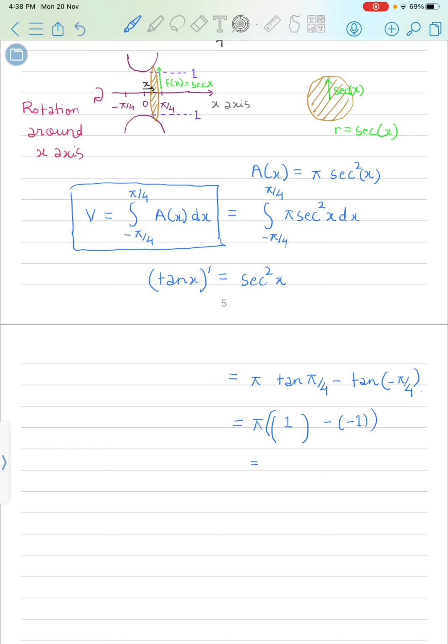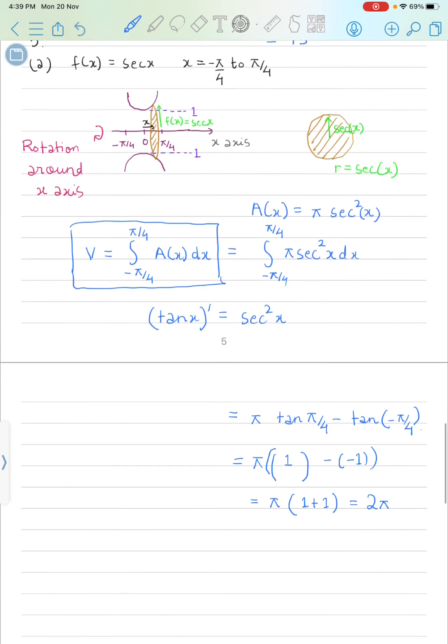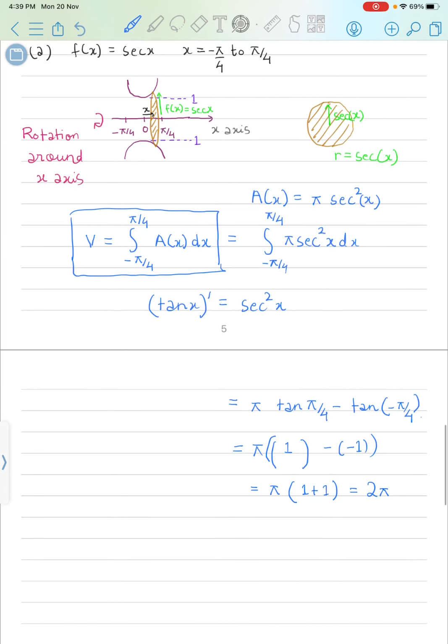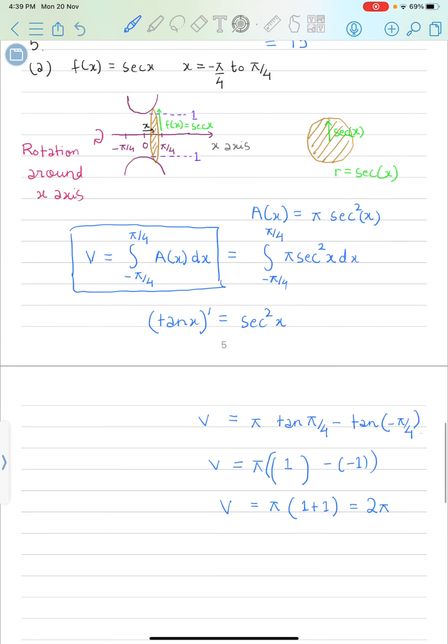So this will come out to be 1 plus 1, 2π. Okay, so we have got the volume of this solid, which is equal to 2π.